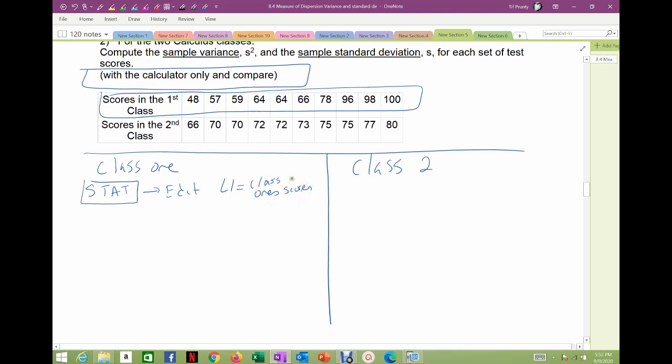Those are the X values. So the 48 through the 100 is what's going into my calculator. After I do that, I quit. Then we'll go back into stat, over to calculate, and we're going to calculate our one variable statistics. Again, there's only one list, so make sure there's no frequency. I'm going to go to my calculator and do that.